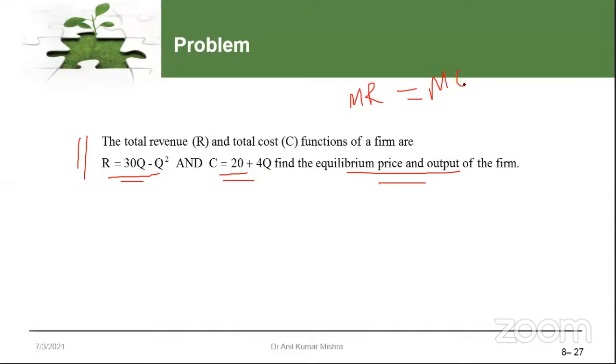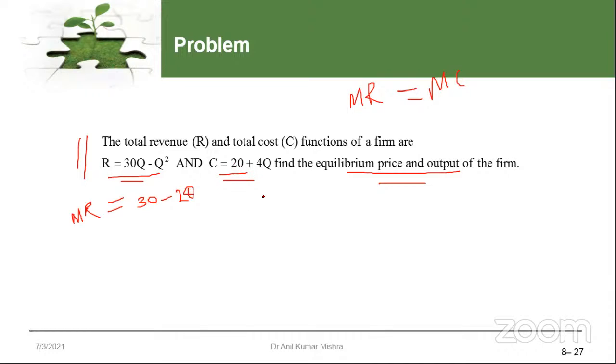The total revenue is given. If the total revenue is given, how do we find the marginal revenue? The marginal revenue is the derivative of the total revenue. The derivative of 30q is only 30, and the derivative of q square is 2q, with the minus sign. So we got the marginal revenue, and we have to find the marginal cost also.